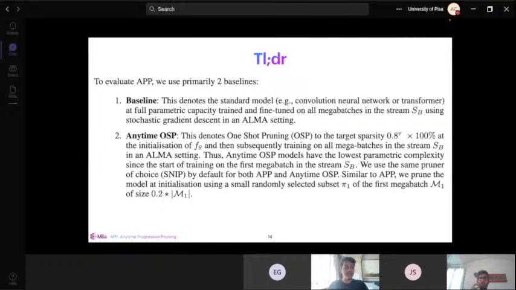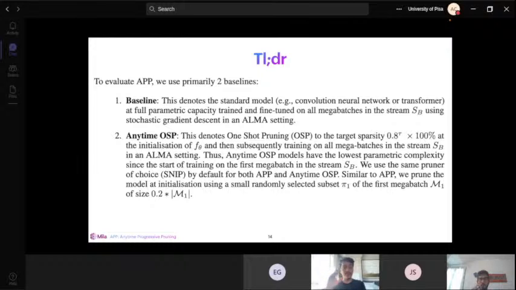The other baseline that we call is Anytime OSP, which stands for one-shot pruning. So what we do is instead of progressively pruning the model by a fractional sparsity at each mega batch, this basically takes the model and prunes it to the target sparsity at initialization, before it starts training on the stream itself.